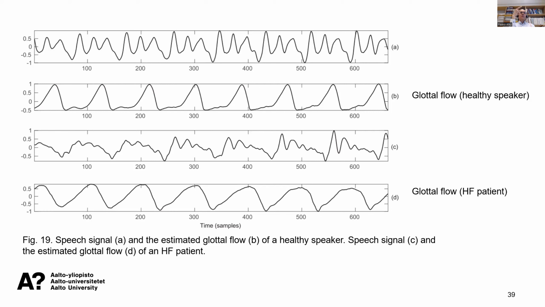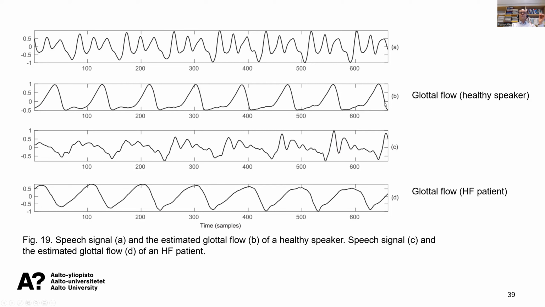The 4 panels are shown in such order that the first panel is the microphone signal of a healthy talker, a male talker. The second one is the estimated glottal waveform of that talker. The third panel, shown here, is the microphone signal of a heart failure patient, and the lowest one is the estimated glottal flow of that patient.